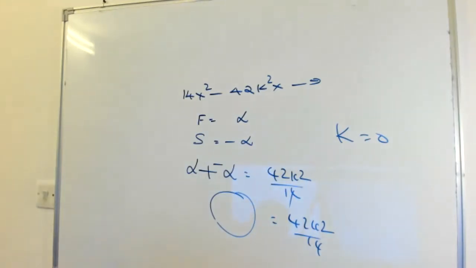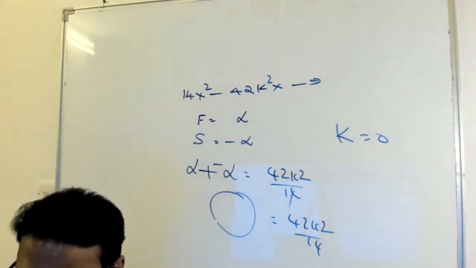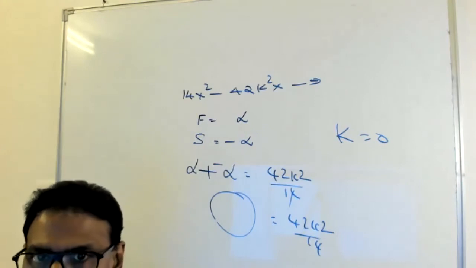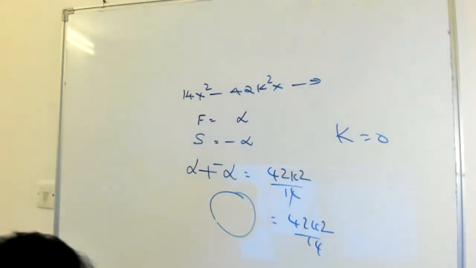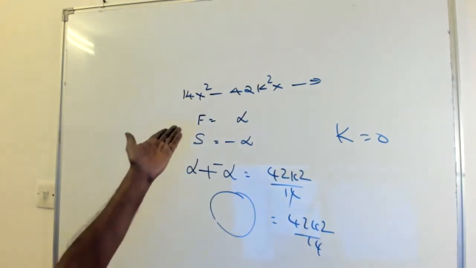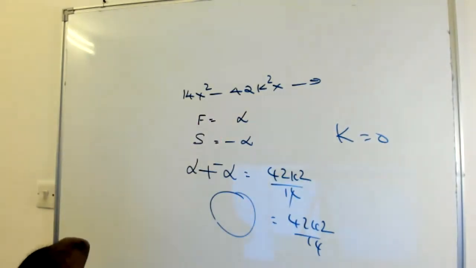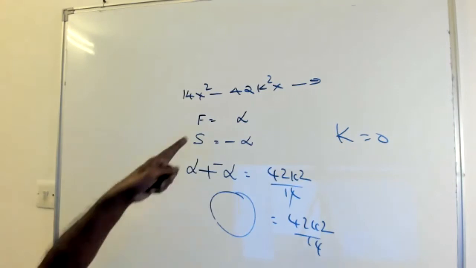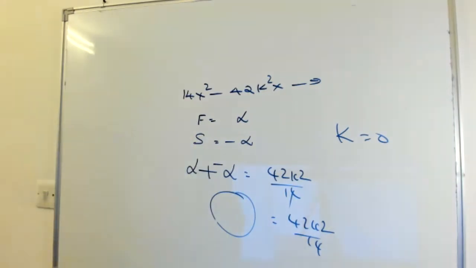Anyone have doubt in this one? Tell me. Sir, can you explain it again? I did not understand. Look, you tell me what is the sum here, Anuvama? Alpha plus beta is what? Minus b by a. In this question, that is 42 k square by 14. Yes, sir.